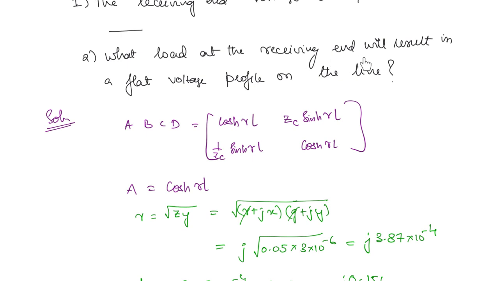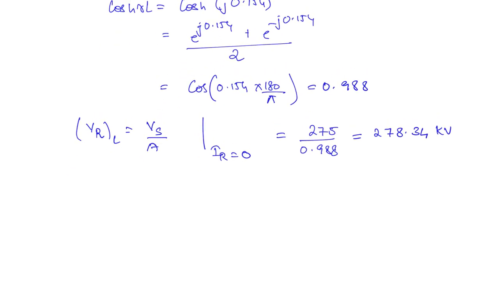Now what is the next question that we have here? What load at the receiving end will result in a flat voltage profile? Okay, so flat voltage profile will occur when the loading is equal to the surge impedance loading. What happens at surge impedance? The reactive power is going to be 0.